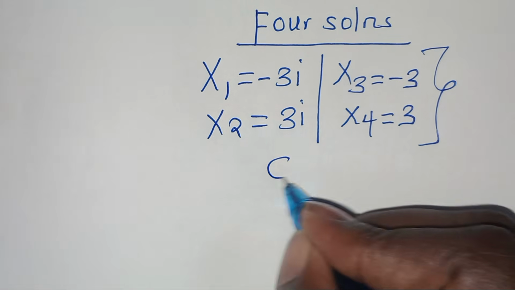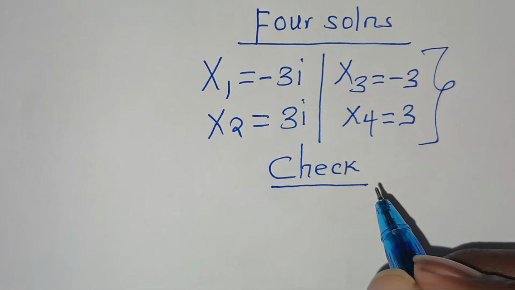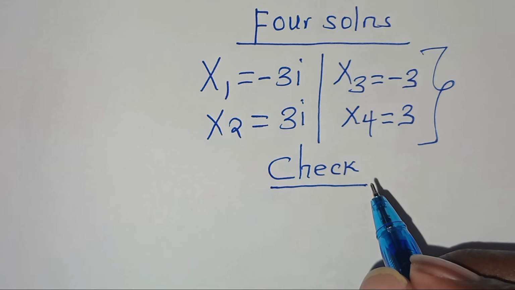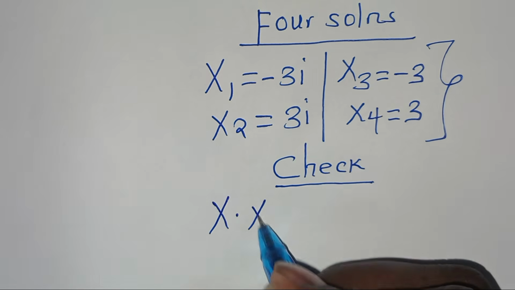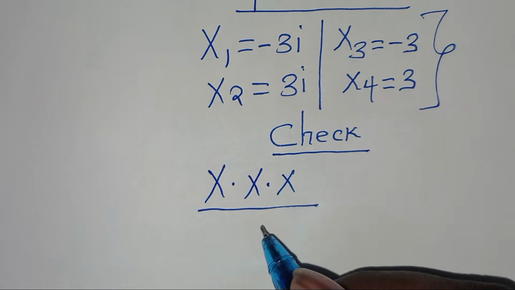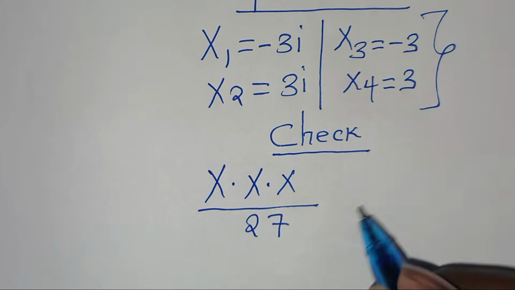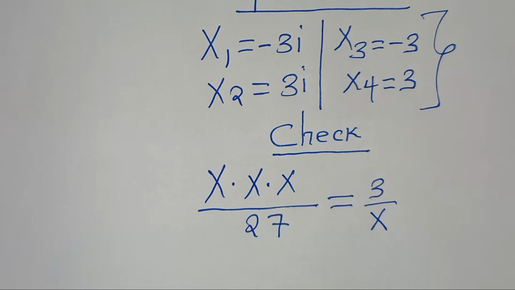Now let's check if these 4 solutions satisfy the equation. Now, if you recall, we have x multiplied by x multiplied by x divided by 27. This should be equal to 3 over x.